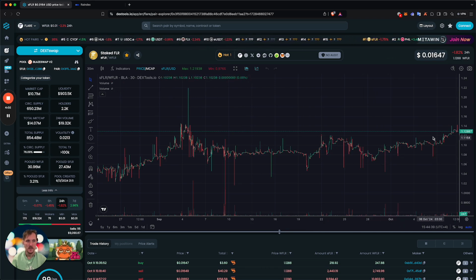So we have a bit of a trend here, which is probably due to the fact that fairly recently the S-Flare token had a lot of rewards added to it, which you can see on their website. But then you can see historically we have periods where it's relatively flat as well. So we also have these periods where it sort of goes up and down.